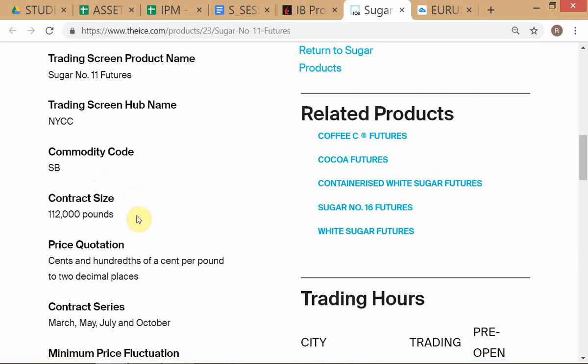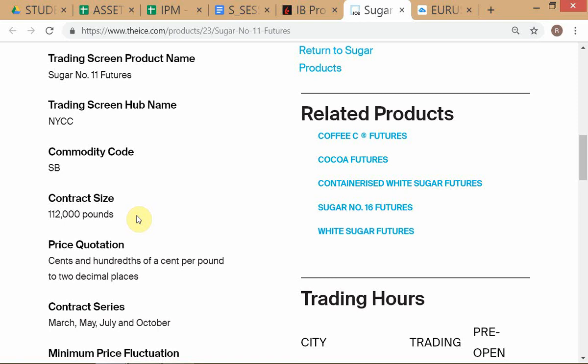So 112,000 pounds of sugar. So every time you trade, this is again your lot size. So you can't go to the ICE and say, I want to buy 37,000 pounds of sugar. Okay, so you have to buy in, and the term that I should have used the other day, I kept on saying multiples of the market lot.